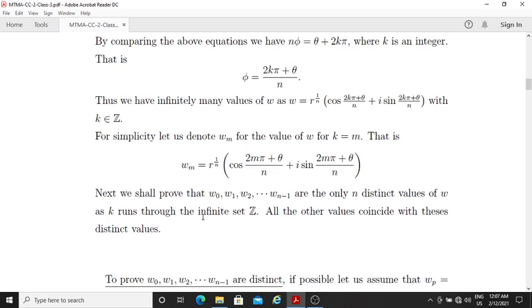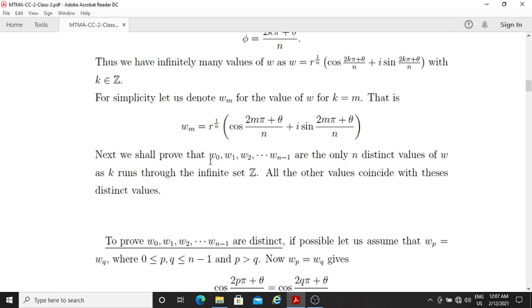Now, next we shall prove that there are only n distinct values of w, even if k runs over all the integers. The values are w0, that means corresponding to k equals 0, k equals 1, k equals 2, up to k equals n minus 1.